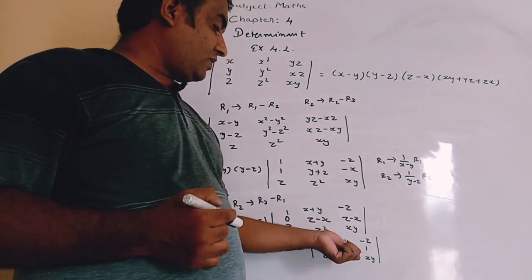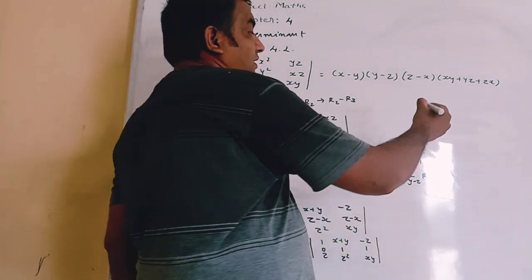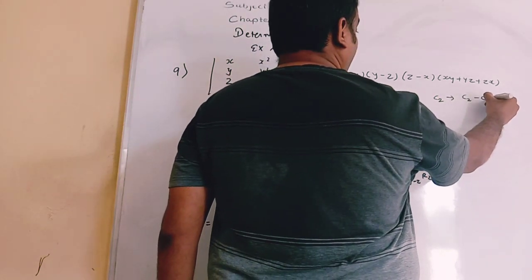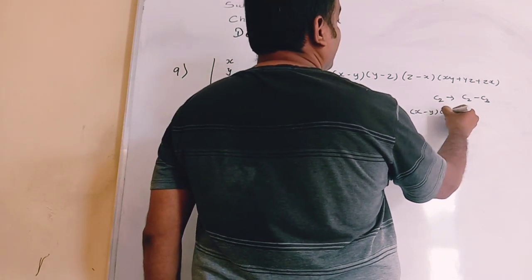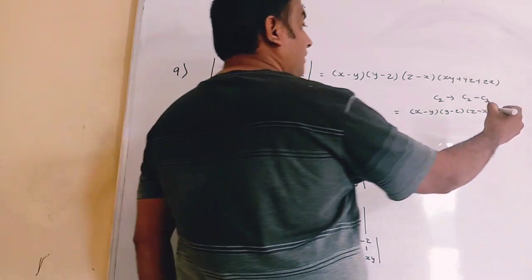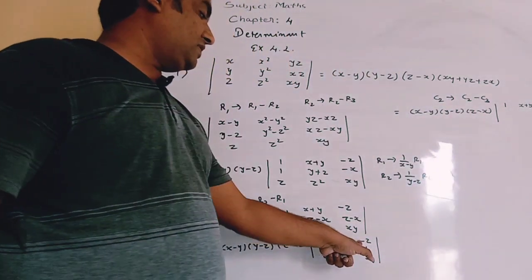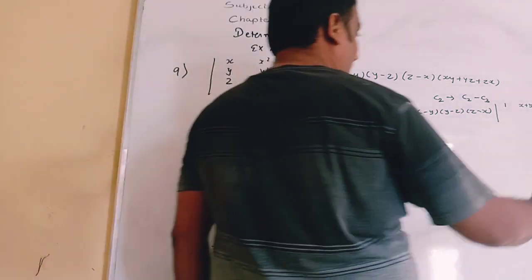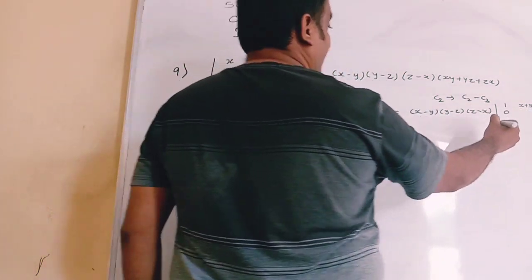So here we want to minus it, so we apply C2 transform into C2 minus C3, then it will be x minus y, y minus z, z minus x, and determinant will be 1 x plus y plus z, because minus minus z will be plus z, and so x plus y plus z, 1 minus, and here minus z, then it will be 0 and z as it is.